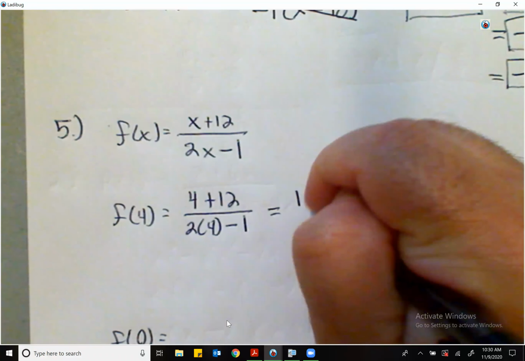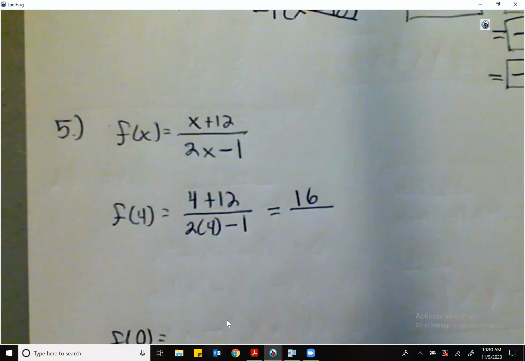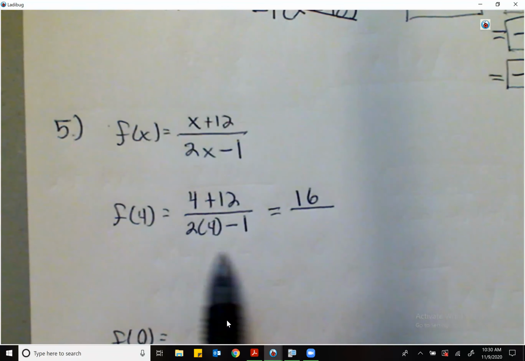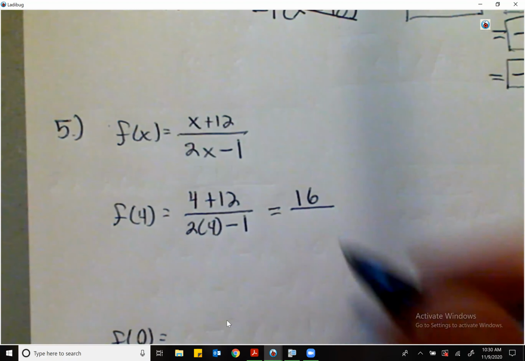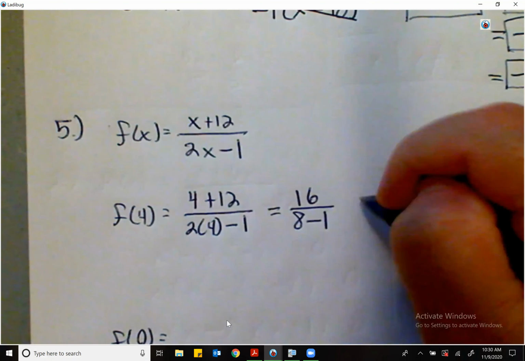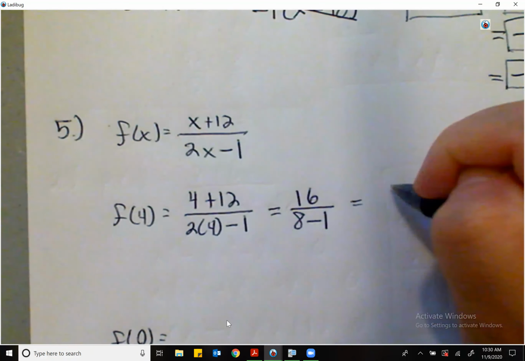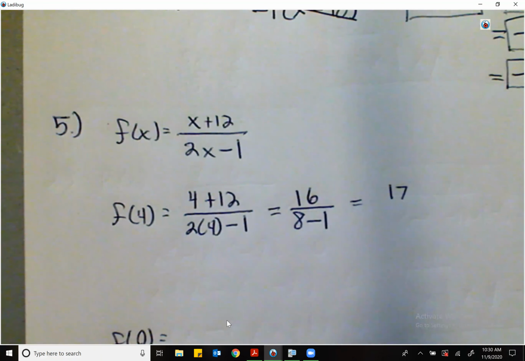Again, this is why we don't do things in pen, because it makes a mess. So 16 over 7. The question is, does 16 over 7 reduce any? Because you have to make sure that you always reduce in the end.